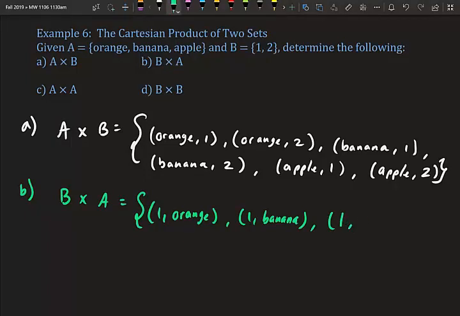Not bad. And then we have, so we did 1 orange, 1 banana, 1 apple. Now we can do 2 orange, 2 banana, and 2 apple.